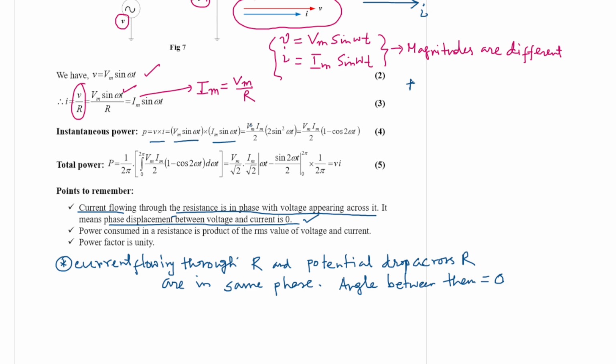So hence this Vm Im by 2 is taken, and inside this sin square omega t, so it will become 2 sin omega t.